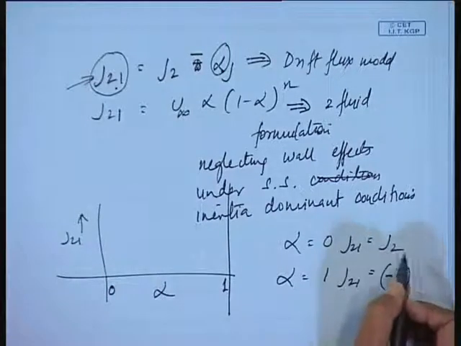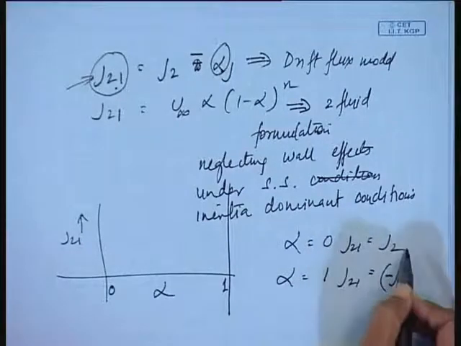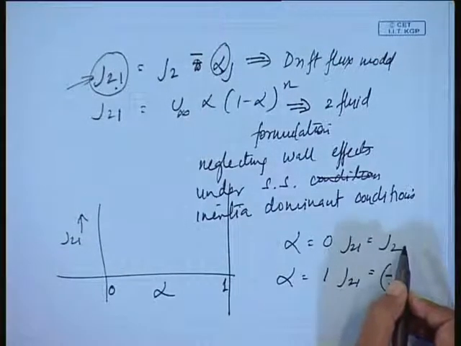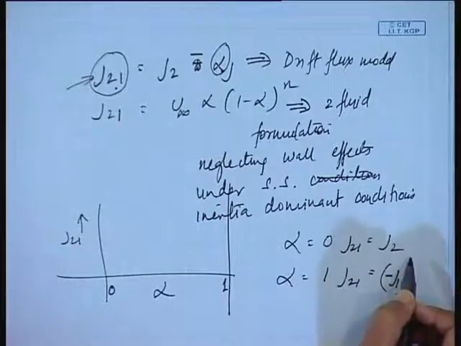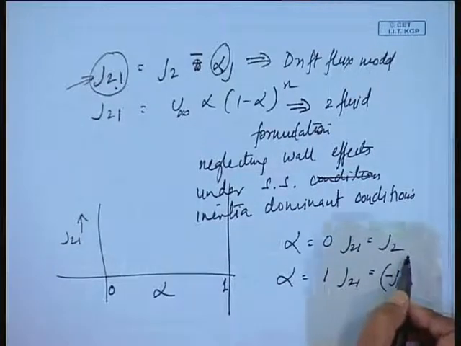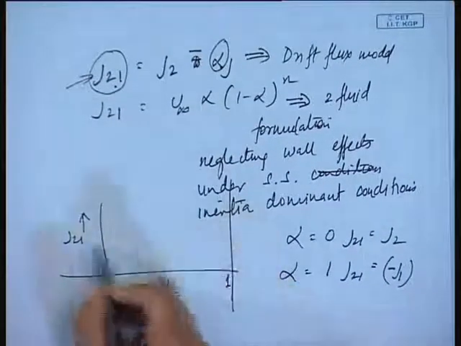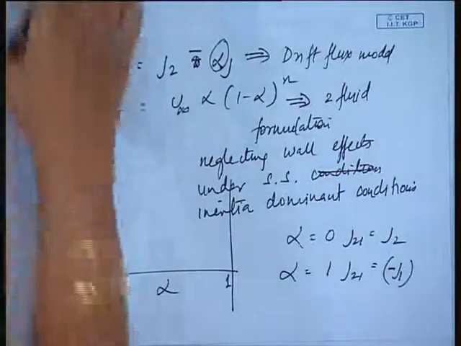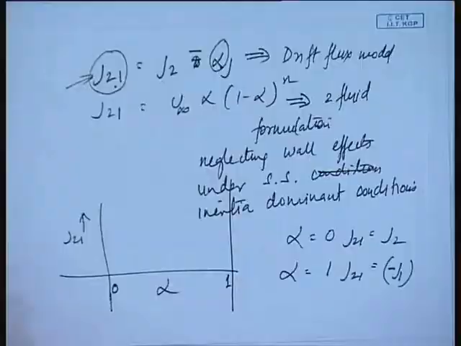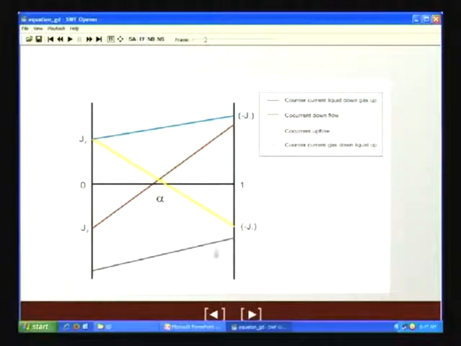You will have different types of curves depending upon whether both J2 and J1 are positive, that means co-current upflow, both J2 and J1 are negative, that means co-current downflow, or else one is positive, one is negative. Depending on that, you will have different curves in different quadrants. Now, let us see what type of curves you are going to expect.